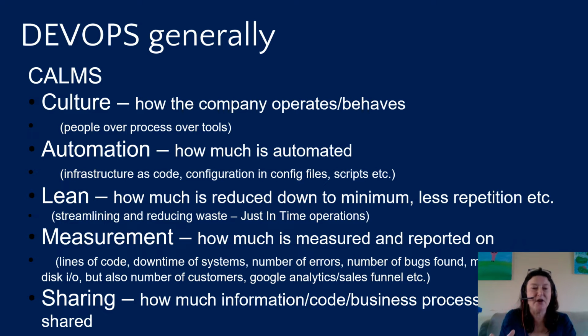When you check in the code, maybe the code goes through a testing process, like a SAST process, which is an analysis of the code to find security problems and coding quality issues and that kind of thing.